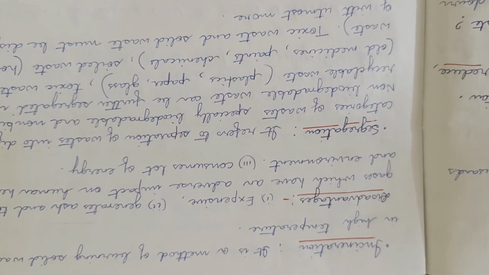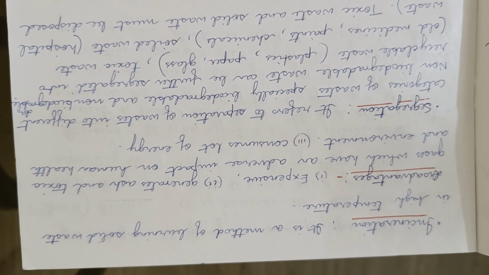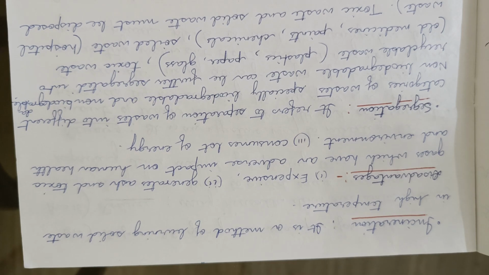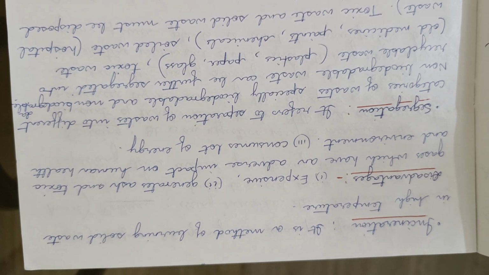Next term, incineration. Incineration is a method of burning solid waste at high temperature. There are many disadvantages. First, it is expensive. Second, it generates ash and toxic gases which have an adverse impact on human health and environment.